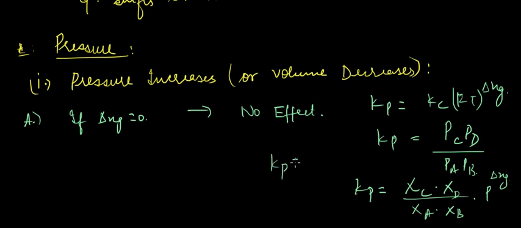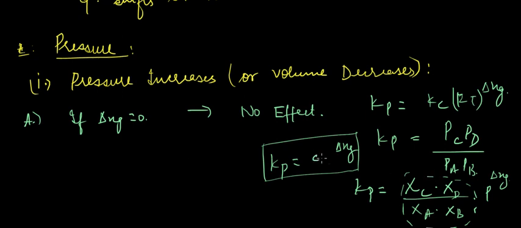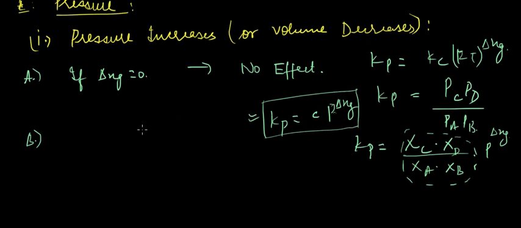We have also seen that Kp equals Kx times P^delta ng, where Kx is the equilibrium constant for mole fraction. So Kx would not be changing. I can write it as some constant term, so let this be c and P to the power delta ng. So this c is constant. When delta ng is 0, Kp would not be changing, so there would be no effect.